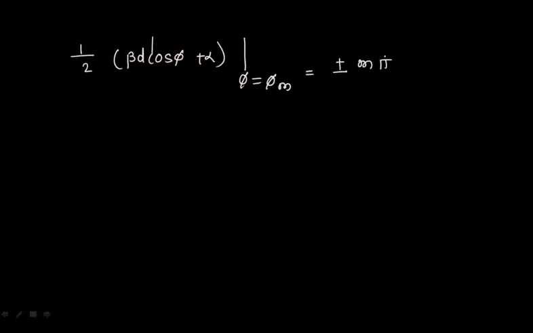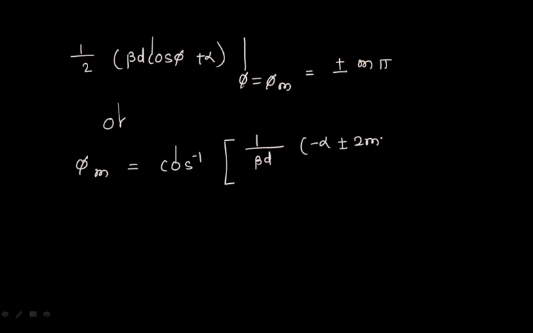So 1 by 2 beta d cos of phi plus alpha at phi is equal to phi m must be plus minus m pi. Or you can write your phi m is equal to cos inverse of 1 upon beta d times minus alpha plus minus 2 m pi, whereas your m is equal to 0, 1 and so on.